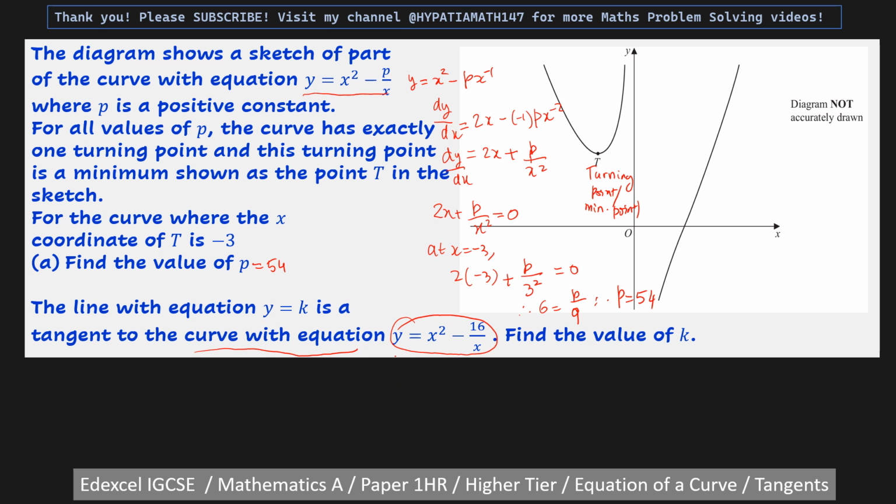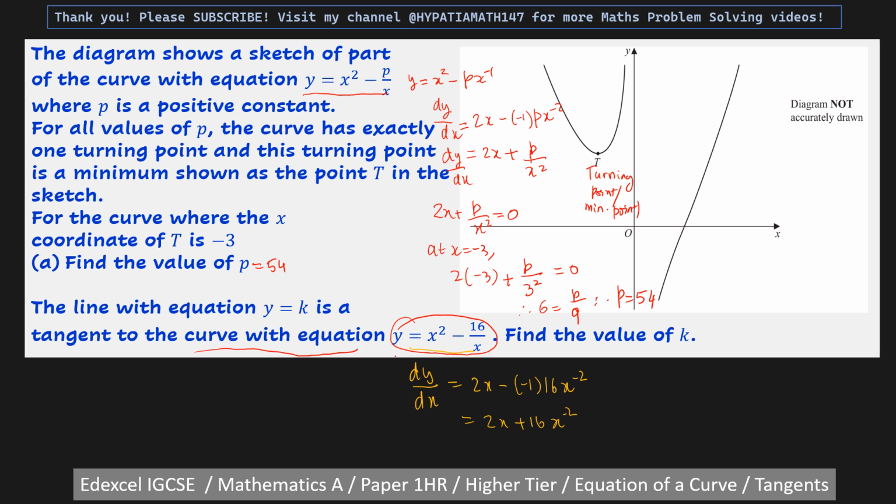So I can write dy over dx for this equation, once again, as 2x minus, x to the power minus 1, so minus 1 times 16 times x to the power minus 2, so that equals 2x plus 16 x to the power minus 2, or 16 over x squared.